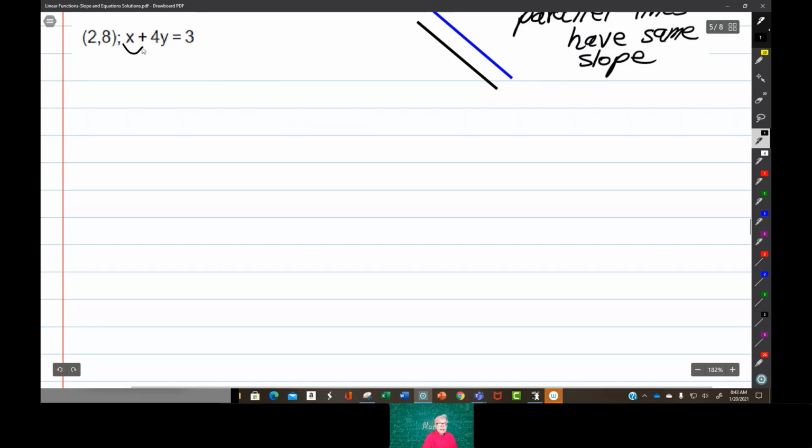Use this line to find the slope. Okay, I'm pretending that this black line is this line. Because parallel lines have the same slope, if I find the slope of this line, it will also be the slope of that line.